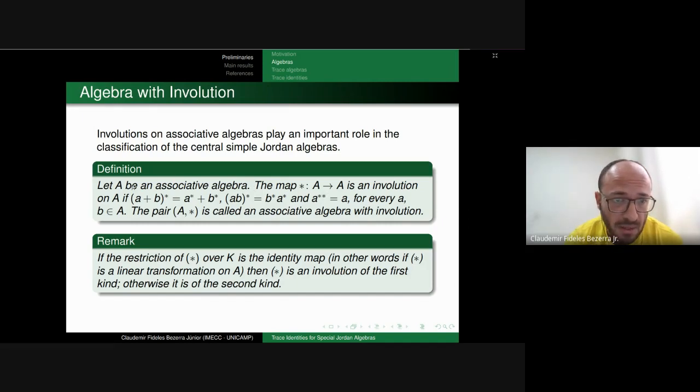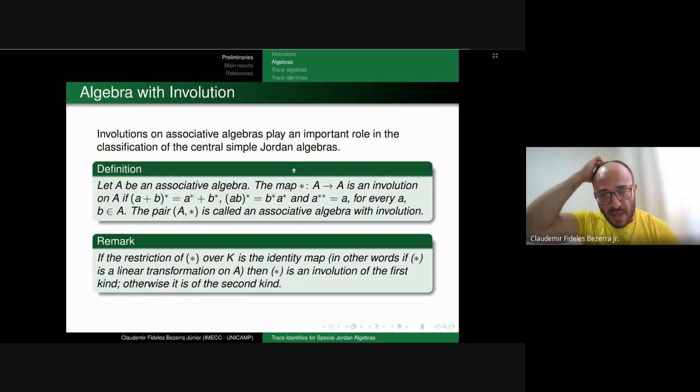The pair (A, star) is called an associative algebra with involution. If I can draw your attention, in this definition we need to consider the map over the ground field.